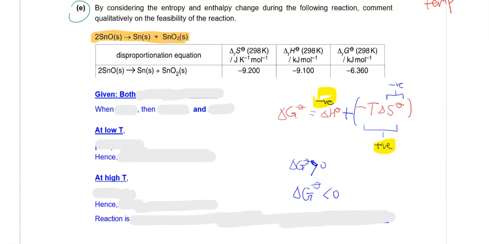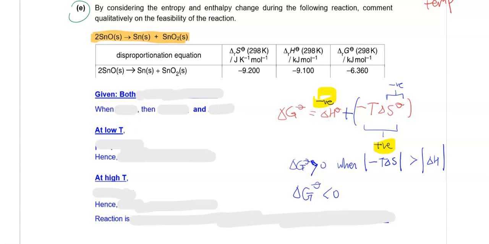When can it be more than 0? If it's more than 0, it must mean that this positive term must outweigh the negative term, which happens when the magnitude of negative T delta S must be bigger than your delta H term.